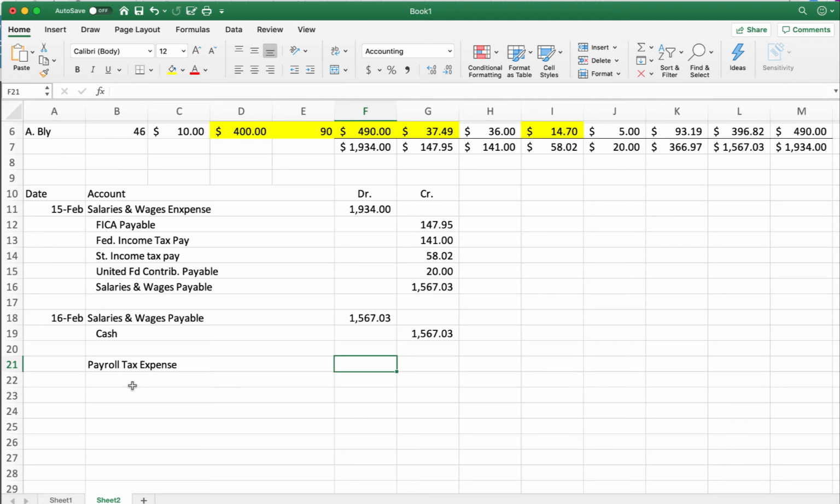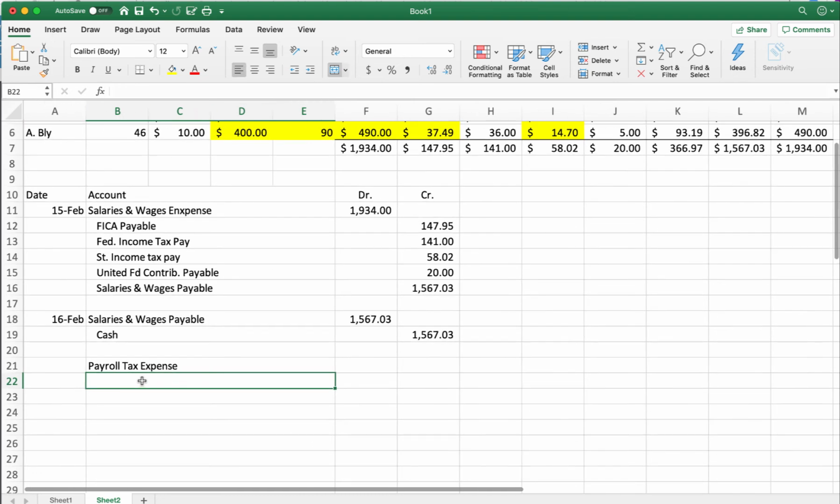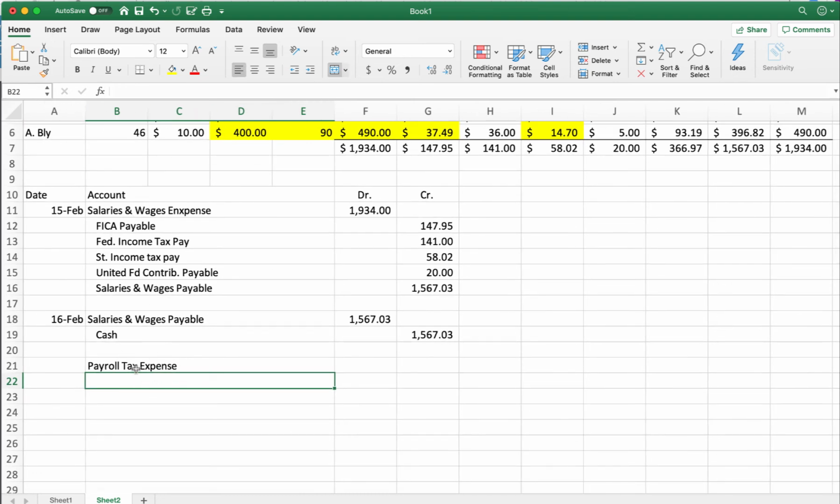Before I figure that out, I can calculate all the taxes that I owe, right? So let's think about it. The employer has to pay FICA taxes. They pay 7.65% on all their employees' wages, right? The government withheld 7.65% from the employee.